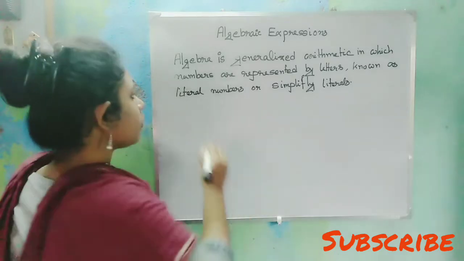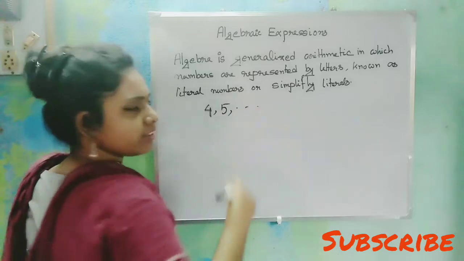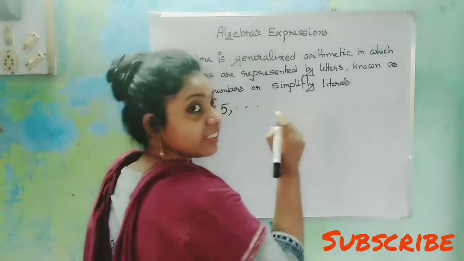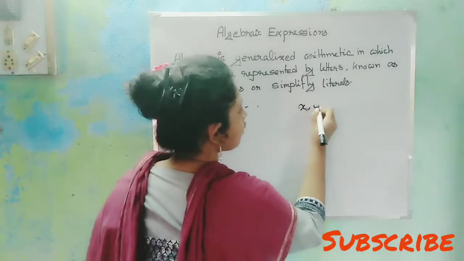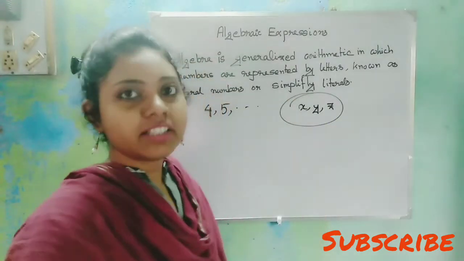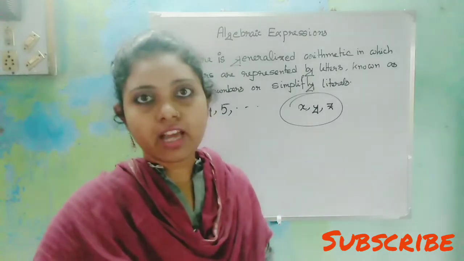In arithmetic we use 4, 5, etc., and in algebra the literals are x, y, z. These all are literals, and literals also represent numbers.